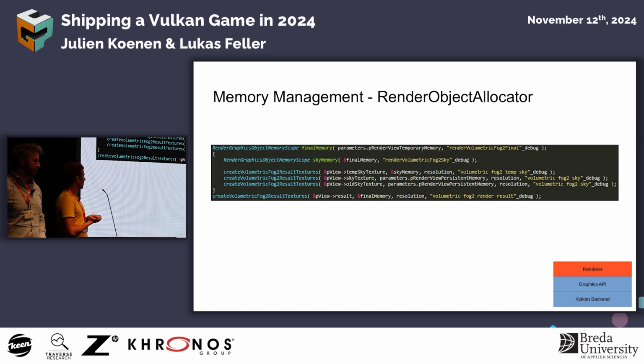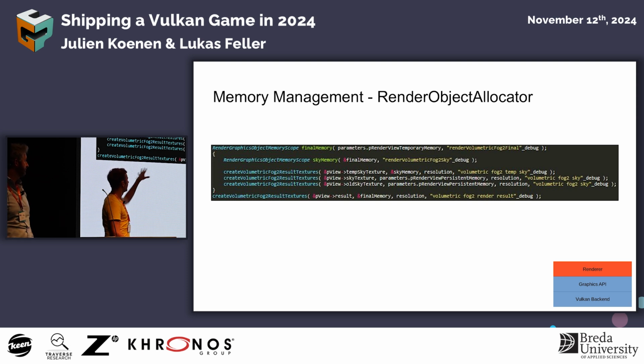And we also started to work towards aliasing memory in a single render frame. This is exposed by those memory scopes. For example, the idea is that you declare a memory scope that is basically valid for this one function call, in this example, render volumetric fog sky.